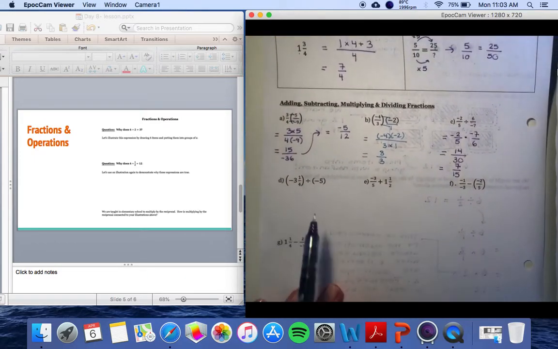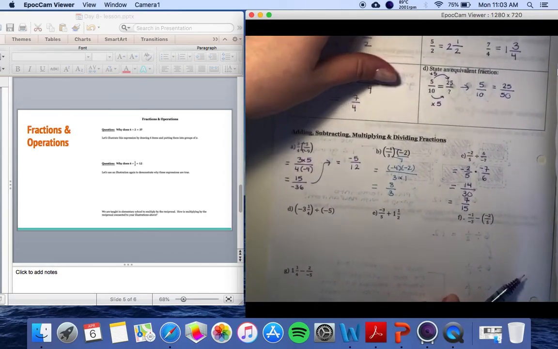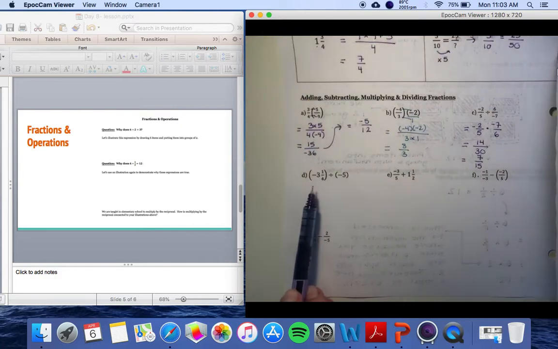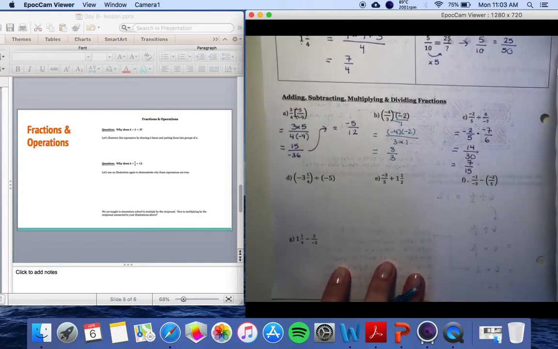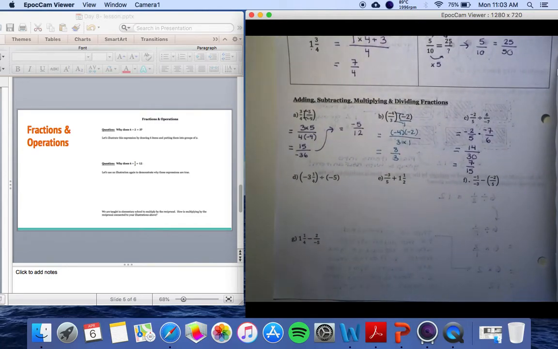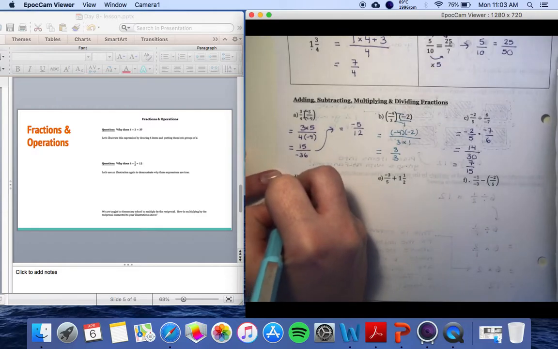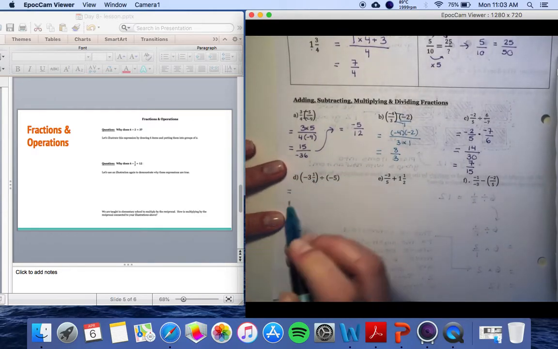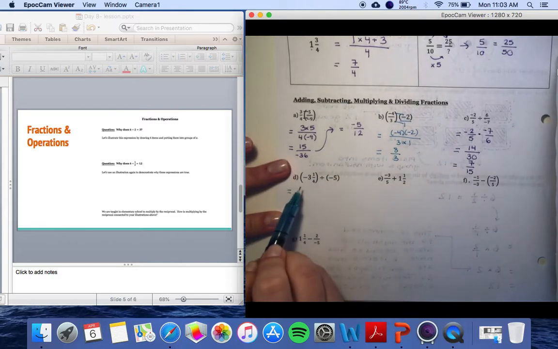Okay, so for the next example, notice how we have a mixed fraction. Remember, anytime you're dealing with a mixed fraction, the easiest thing to do is convert it to an improper fraction. So the first thing I'm going to do is that. If I take -3, multiply that by 4, forget I said the -3 for now.